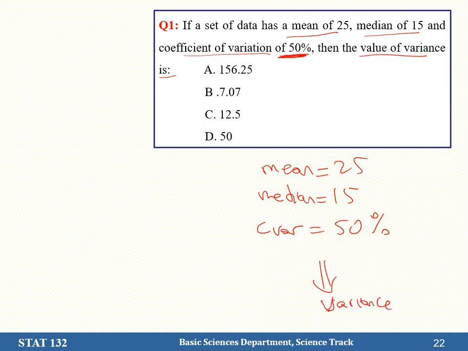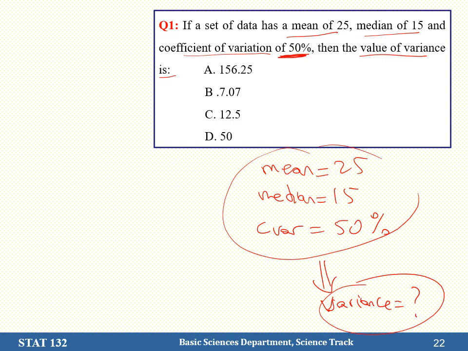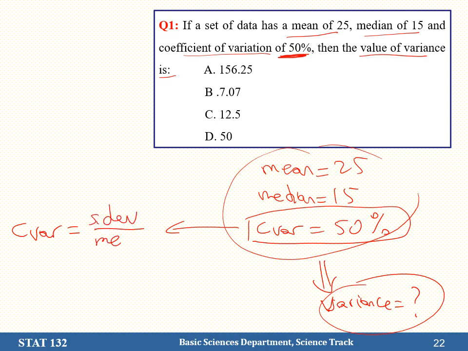Okay, how can we get the variance here? We have to know the relation between them and the variance. Okay, there is no direct relation between them, but here the key thing is to see what the coefficient of variation is. If you remember the formula, this is equal to the standard deviation divided by the mean.